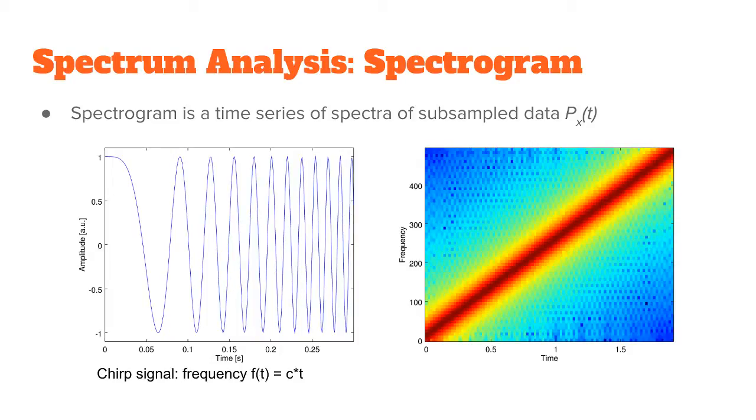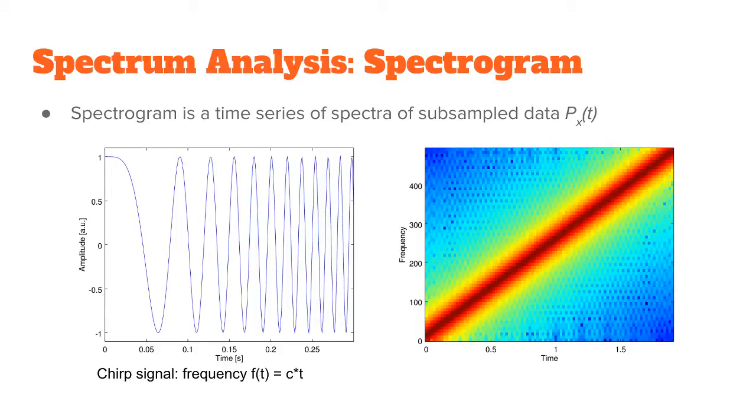This is another test sequence. It's a chirp signal, meaning that the frequency is changing linearly with time. Basically here we have zero frequency at the beginning, and then it starts going to higher and higher frequency.